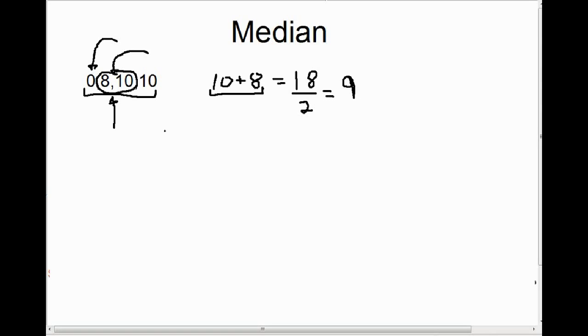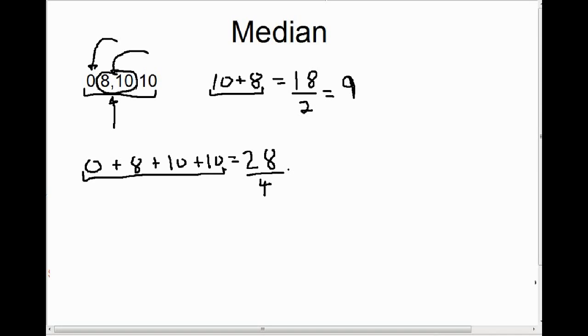Whereas if we calculated the mean here, to calculate the mean of this set of values, we would have to add them all together. Now to calculate the average, I have to divide by 4 because there are 4 marks here. And you would find that your mean is 7. And once again, if I look at these quiz marks and I want to give sort of an indication of where a student's at, but I do want to count that 0, I would say that the median is a more fair way to indicate what's in the middle.